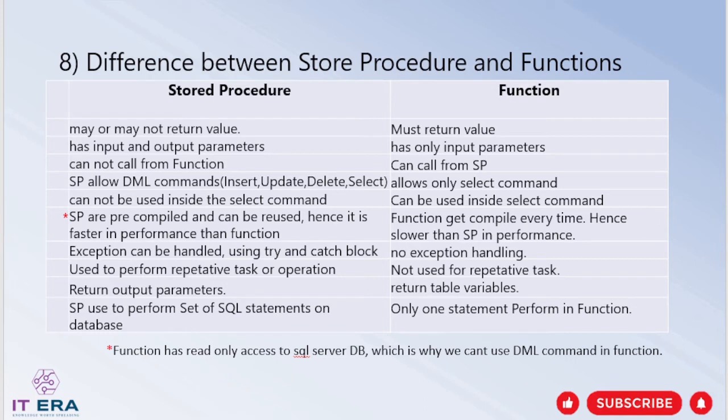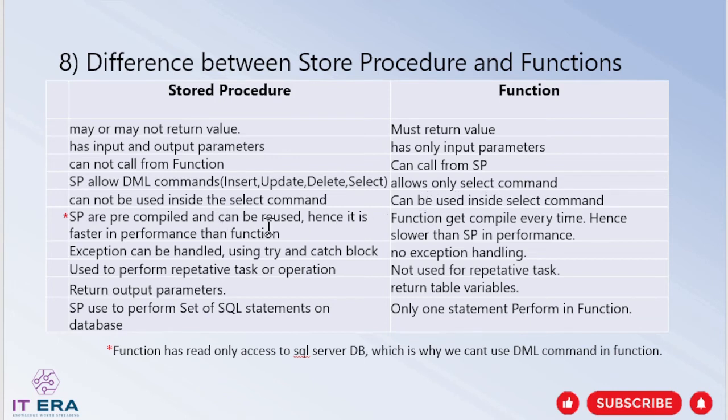Store procedure cannot be called from the function, but function can be called from the store procedure. Store procedure allows DML commands like insert, update, delete, select, but function allows only select command.